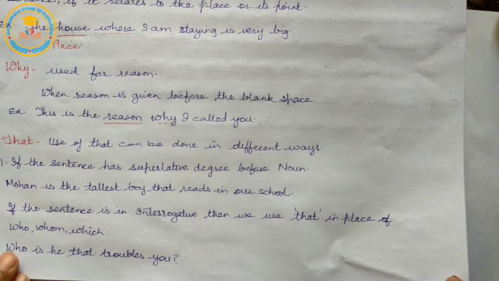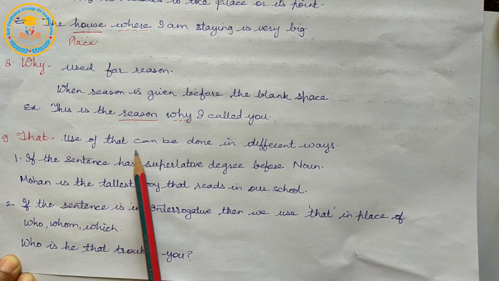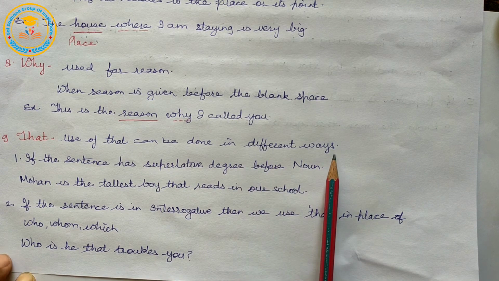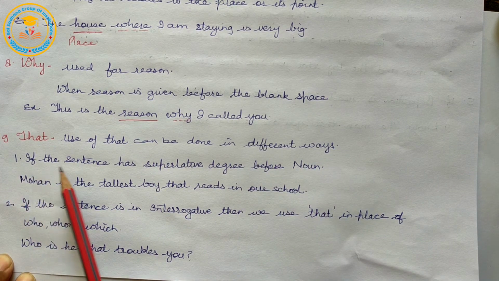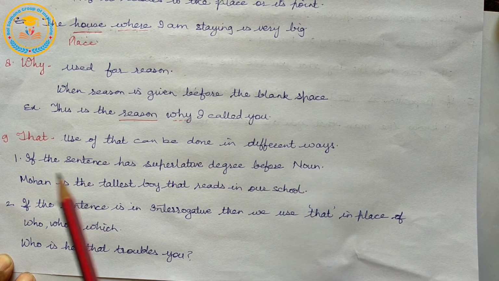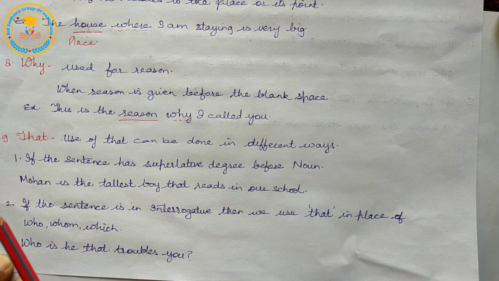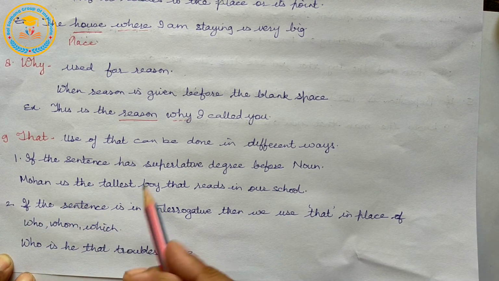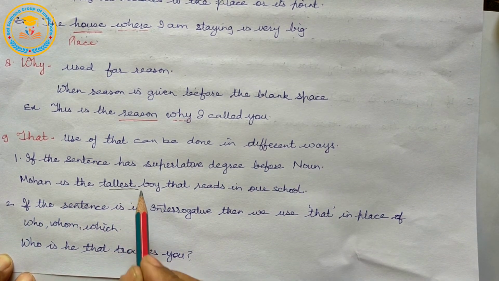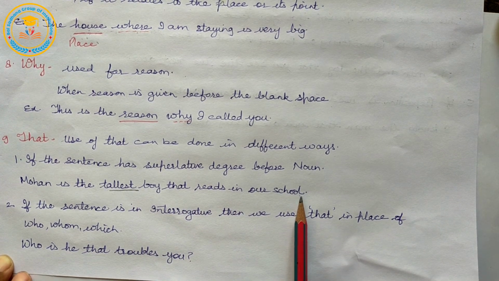Next is that. Use of that can be done in different ways. First, if the sentence has a superlative degree before the noun. Example, Mohan is the tallest boy that reads in our school.